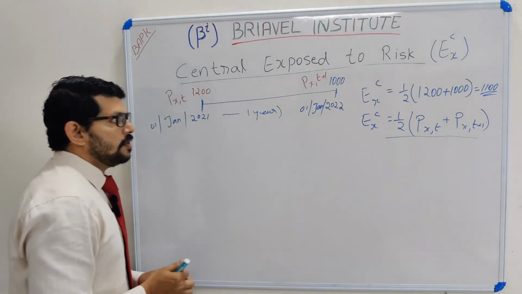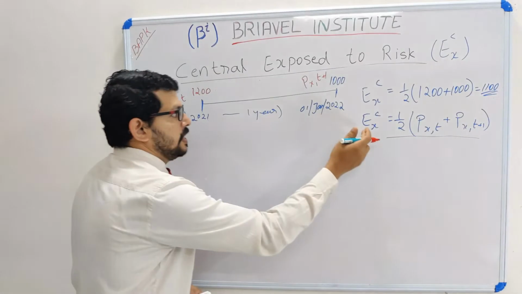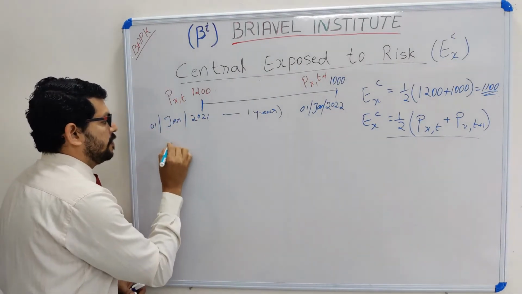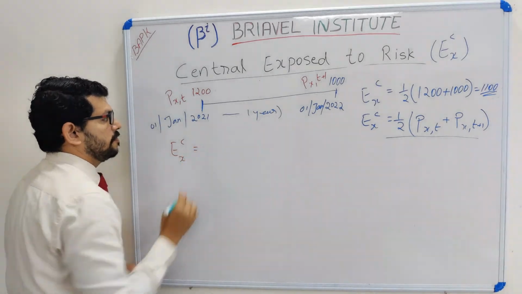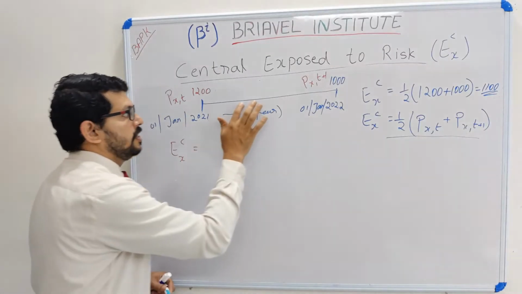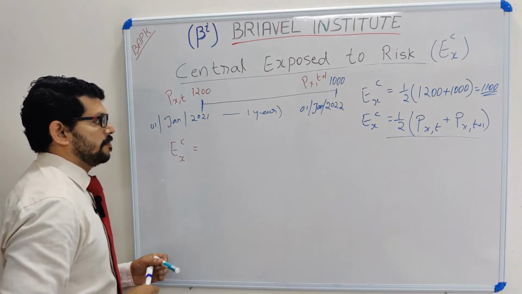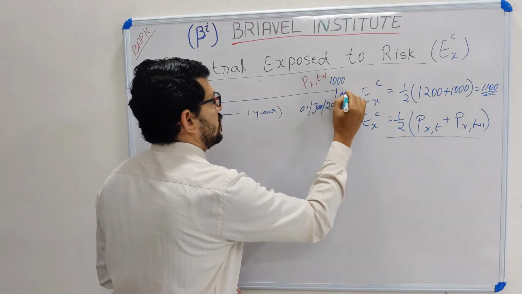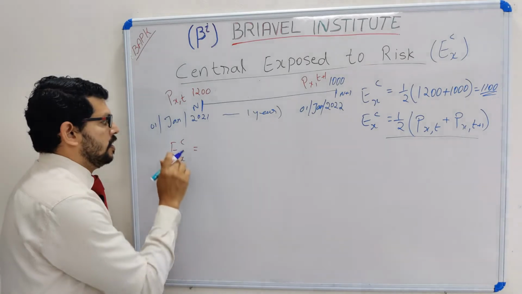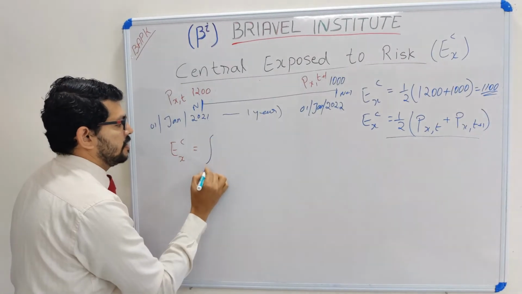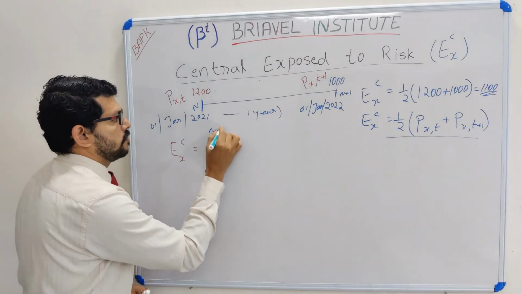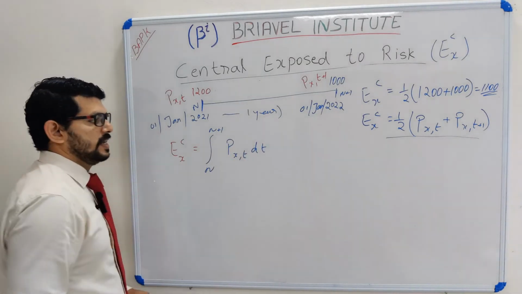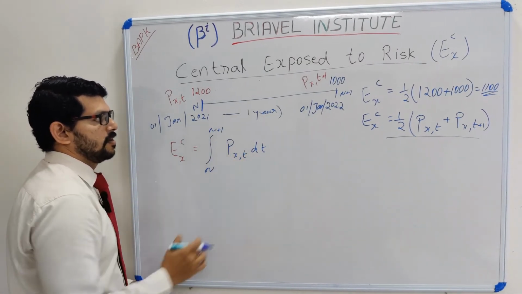Now how do we theoretically explain what E_h^c is? Theoretically, E_h^c is the integration from n to n plus 1 of P of h comma t dt, where dt is a small interval of time.